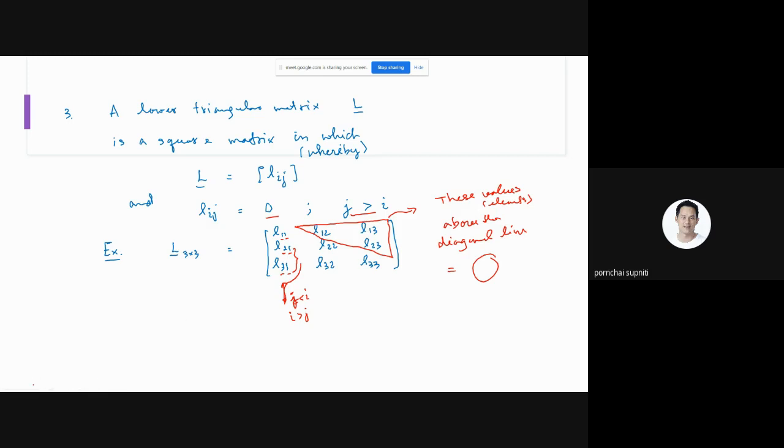For example, I can have L, a 3 by 3 matrix, let's say it's 100, 10, 13, 0, 25, minus 1, 0. Is this considered a lower triangular matrix, Tirawit?